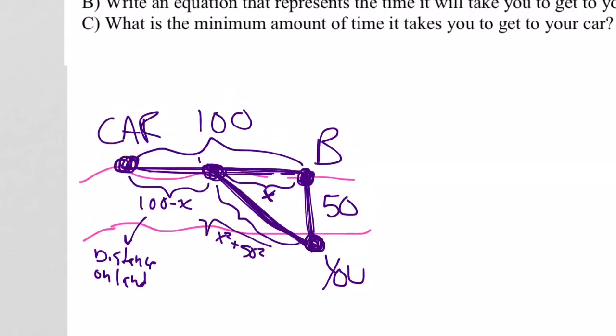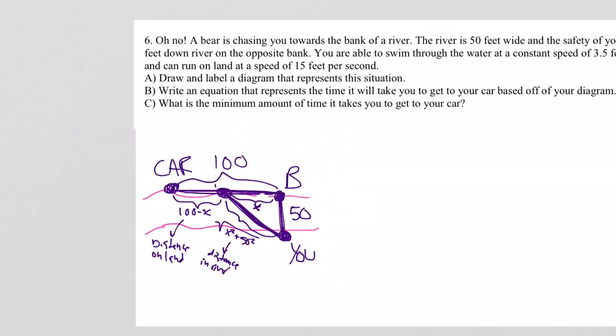And we have this square root of x squared plus 50 squared coming from the Pythagorean theorem, which is your distance in the river. And we want to know what that value of x should be if we want to minimize our overall time. If we want to minimize time, we need to come up with a time equation.